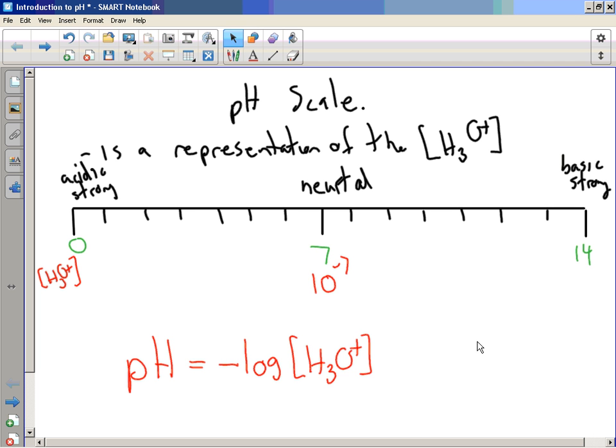And I introduced you to the fact that this number 7 right here, that number 7 right there, is the 7 in pH 7.